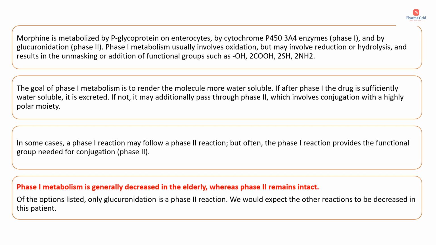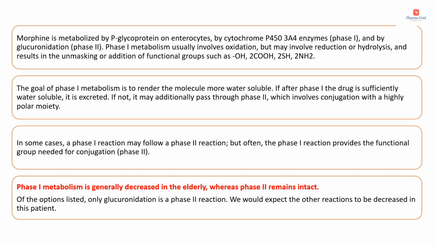So morphine is an opioid drug. It is transported by P-glycoprotein on enterocytes. Then phase 1 metabolism is by the cytochrome P450 isoenzyme CYP3A4, and the phase 2 metabolism is by glucuronidation. So phase 1 metabolism usually involves oxidation but may involve reduction or hydrolysis and results in the unmasking or addition of functional groups such as OH, COOH, SH, NH2.